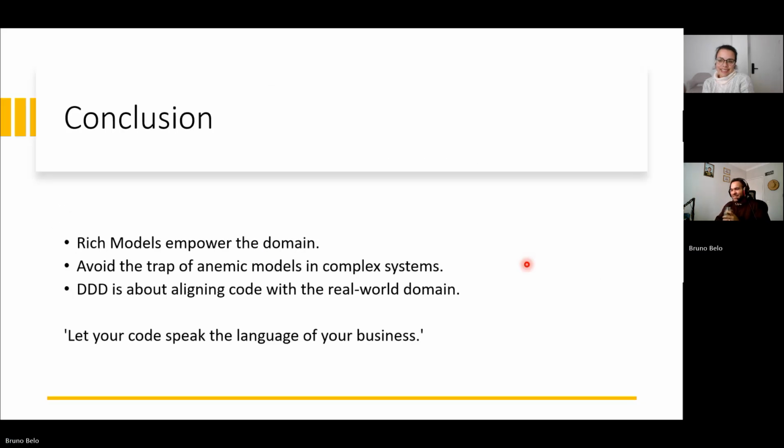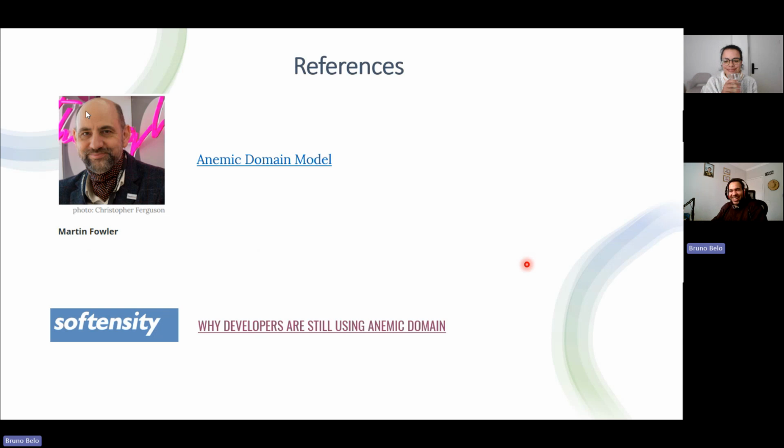How often do you see code like that, anemic domains, in your day-to-day experience? Oh, okay. In my team, we have this problem now. People like this idea maybe because they think about the single responsibility principle.